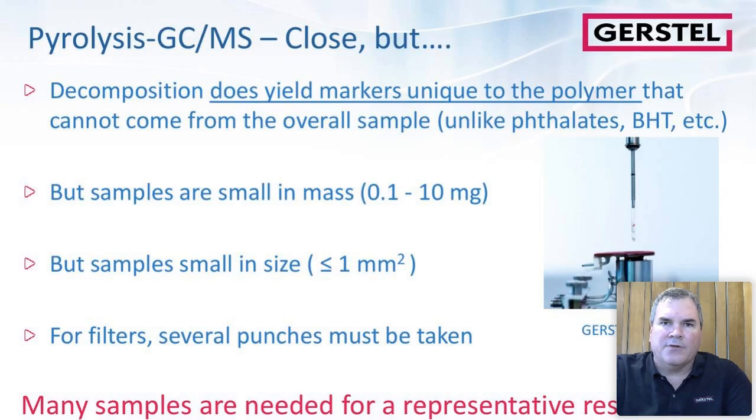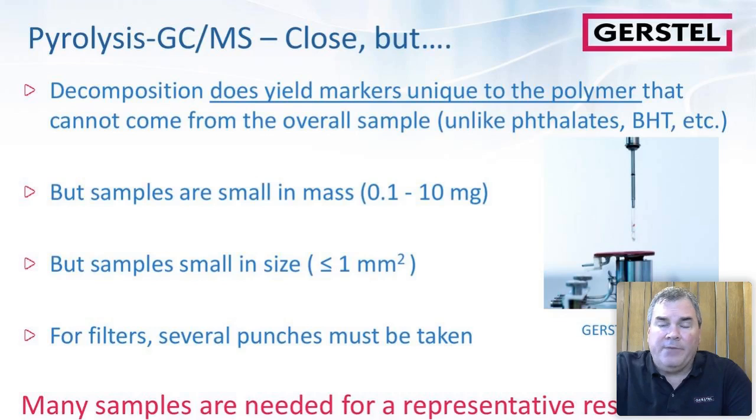So though pyrolysis works for one sample, to get a representative analysis of a filter paper, it might take 10 runs or more. And that really increases the amount of data you have to look at. That was the problem that researchers were running into. Pyrolysis works great, but there's a lot of work that has to go behind that, and it ends up being too much work on the data analysis side.